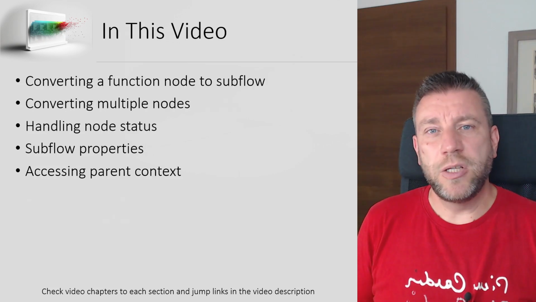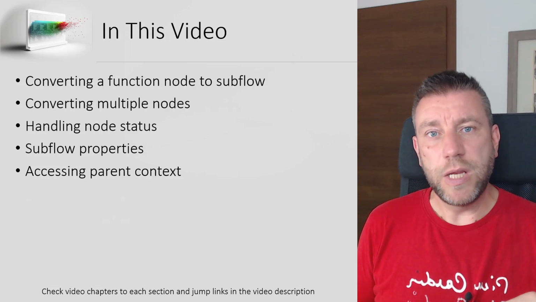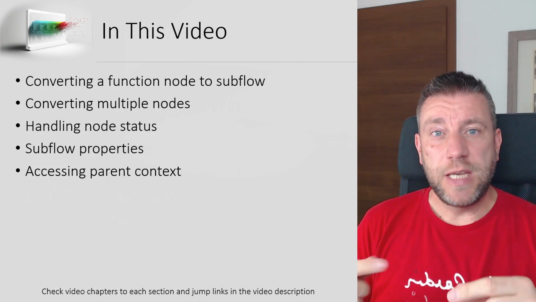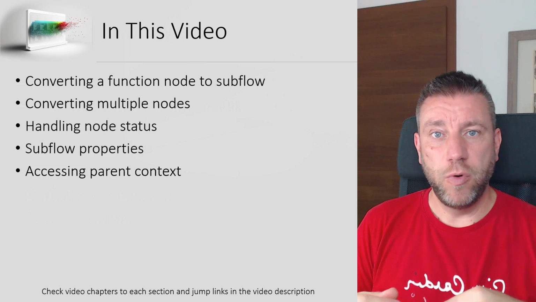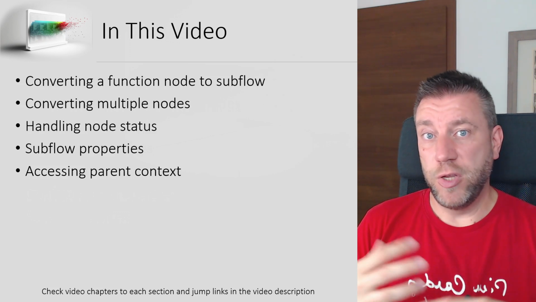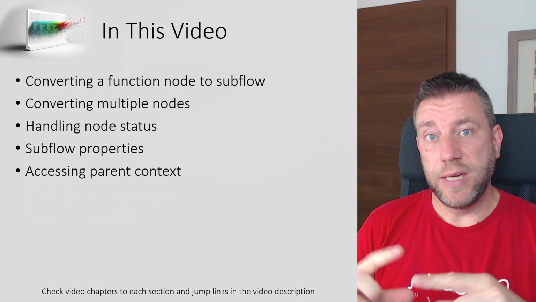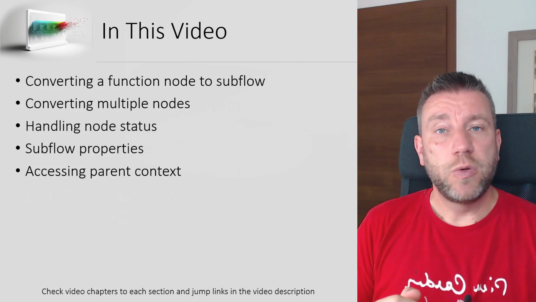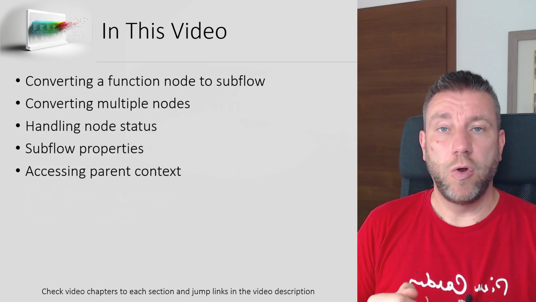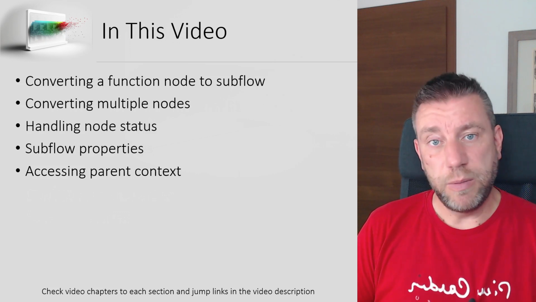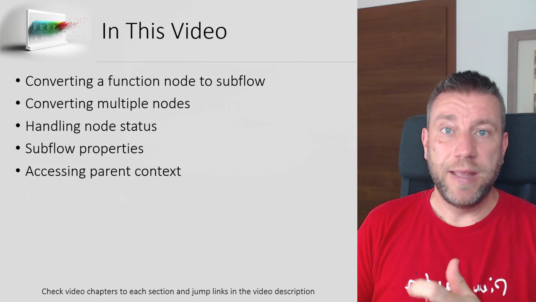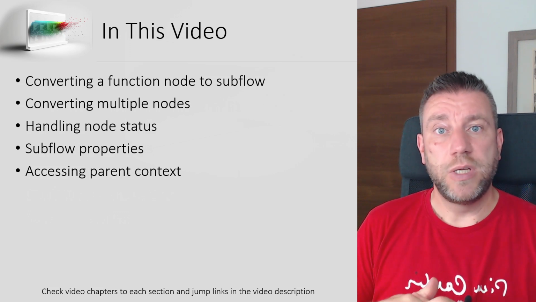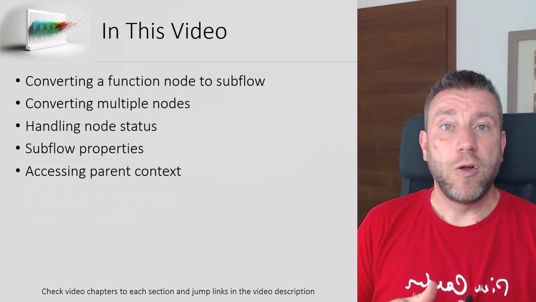I think I already mentioned the main structure of this video, what I'm going to talk about, but let's recap again. We are going to see how you can create a subflow, either brand new from scratch or by using an existing part of the flow and turning it into a subflow. We are also going to see how you can convert single nodes or multiple nodes to a subflow, how you handle the status, so how you can get some text to appear when you are using a subflow, and how we can configure properties.